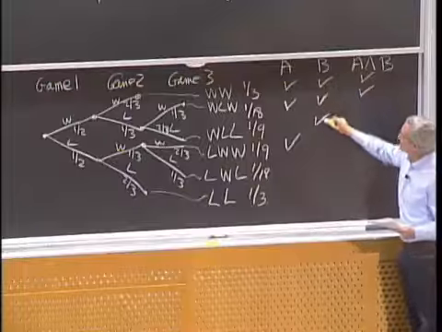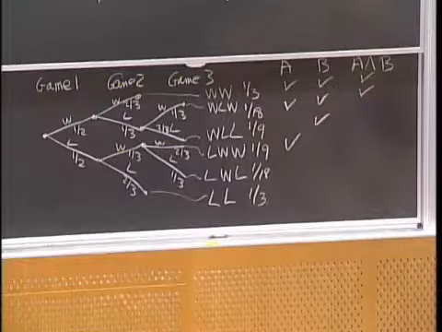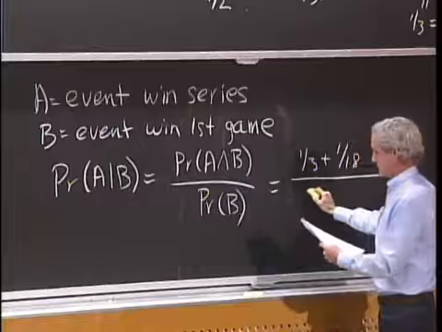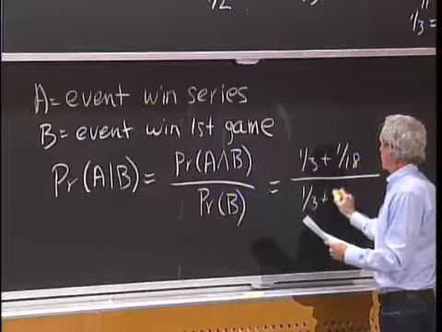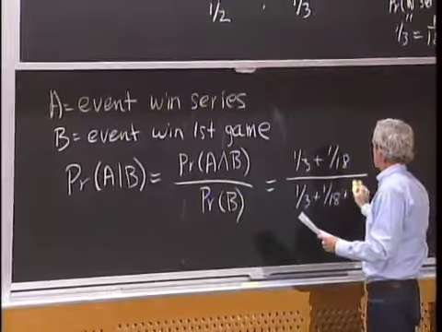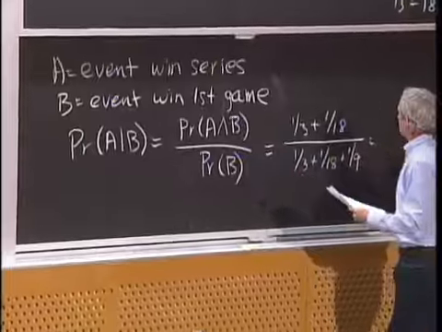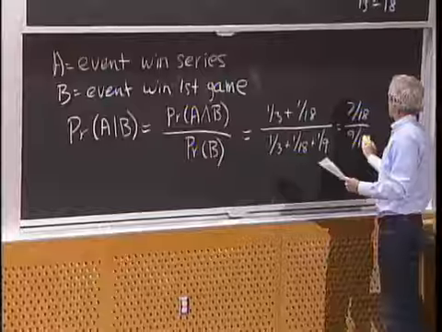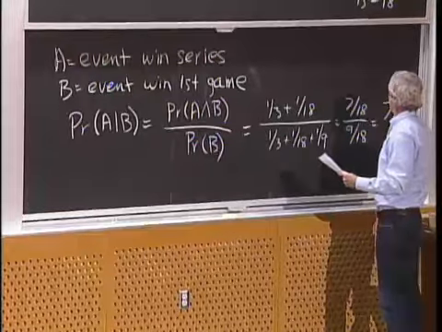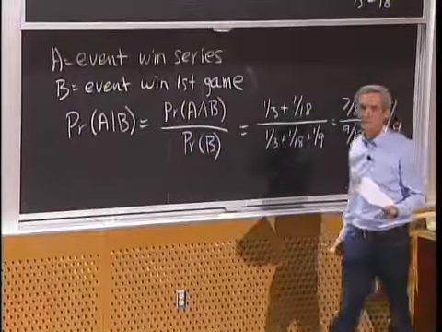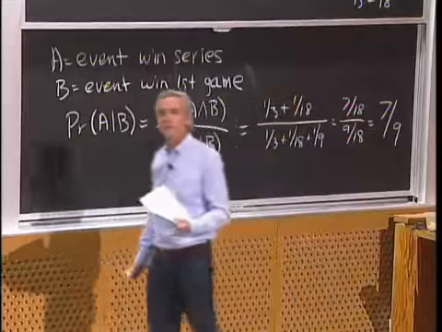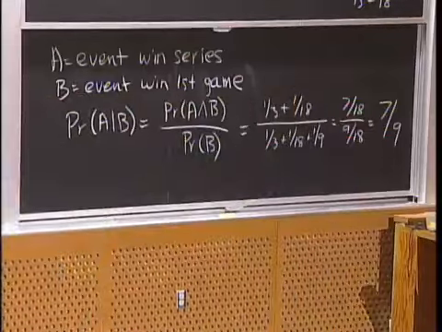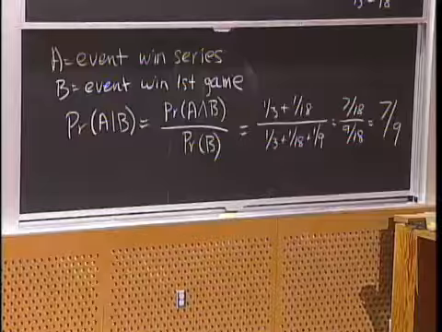I got these 3 points. So this will be 1/3 plus 1/18th plus the extra one, 1/9. So I've got 7/18ths over 9/18ths, 7/9 is the answer. So the probability we win the series given we won the first game is 7/9.